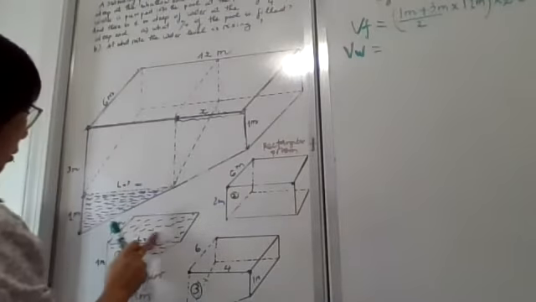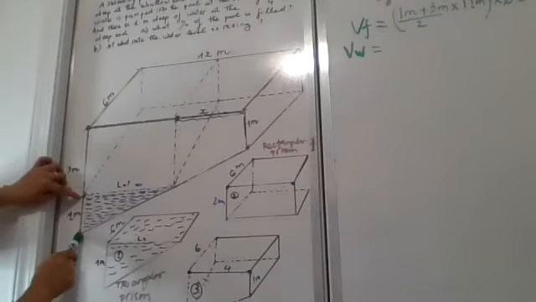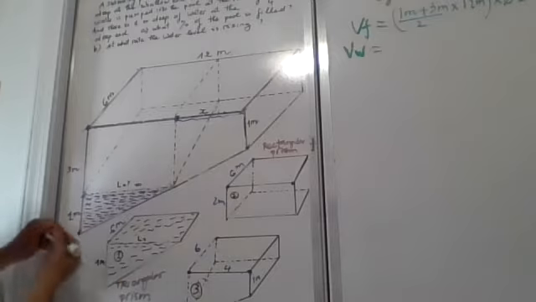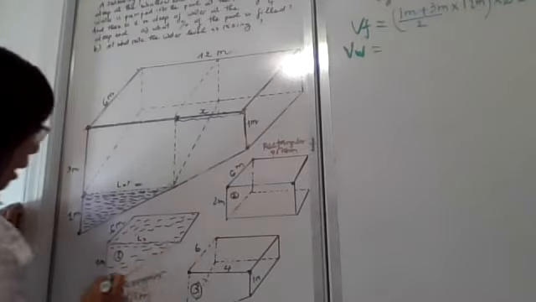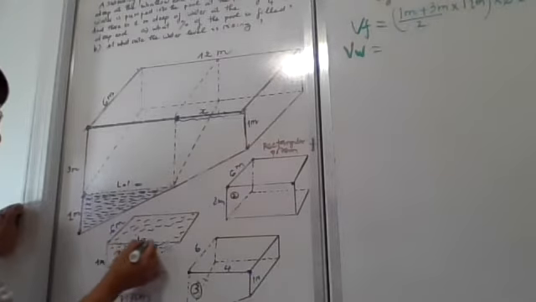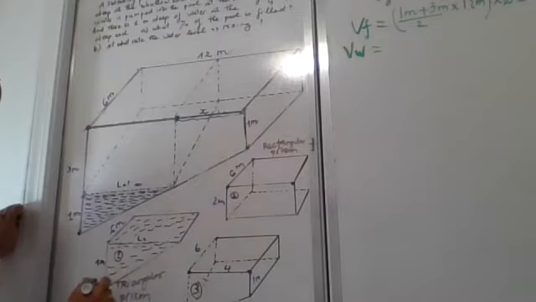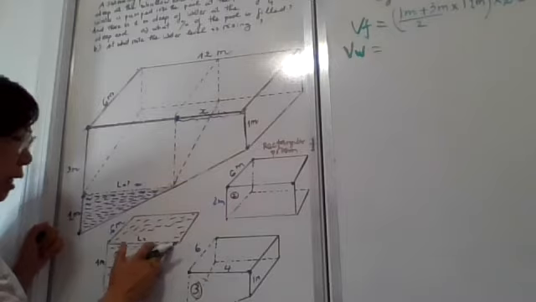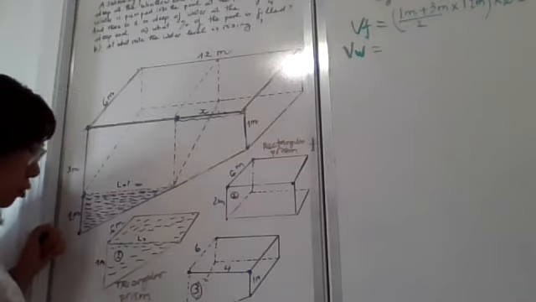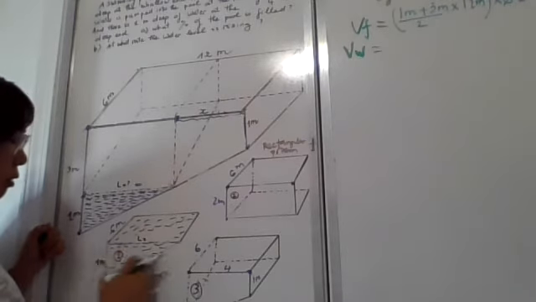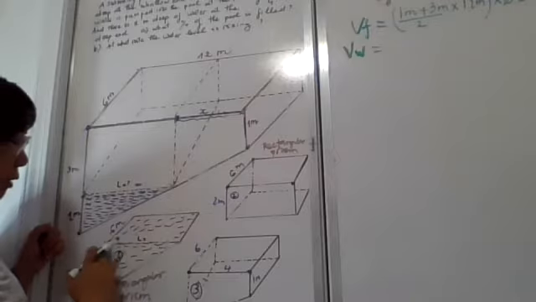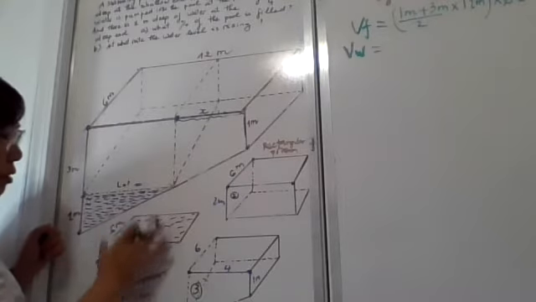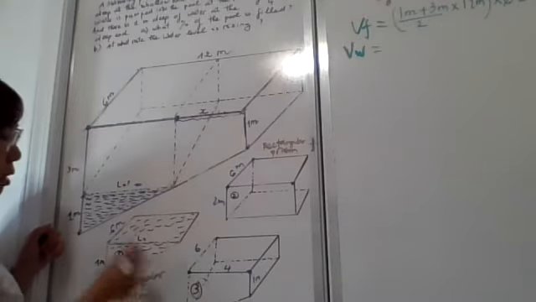At this moment, we know from here to here is 1 meter, so we can find the area of this triangle: height times base divided by 2. That is the formula for the area of a triangle. Times the height of the prism here, it will give us the full volume of the triangular prism.